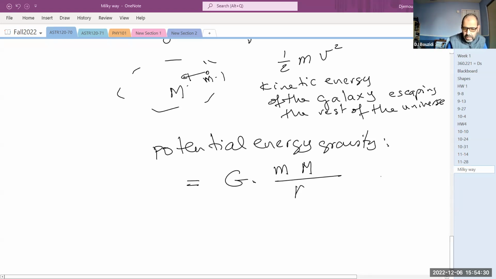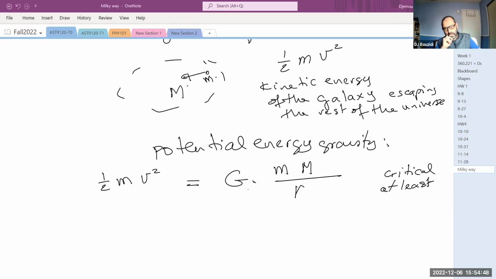So at a critical point, at least, it needs a kinetic energy that is equal to the energy that is holding it to the rest of the universe. If it does that, it's going to barely escape. At least equal to that. If it has more, that's fine, it's going to escape. If it has less, it should not escape. The rest of the universe will bring it back.